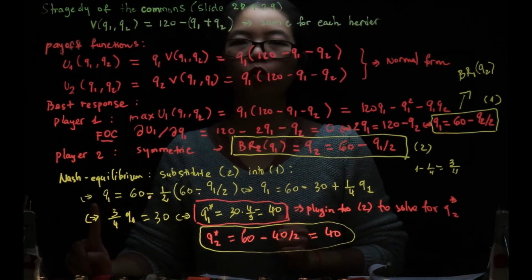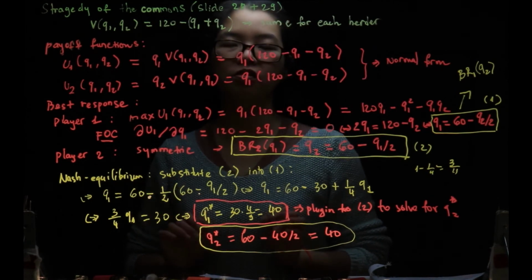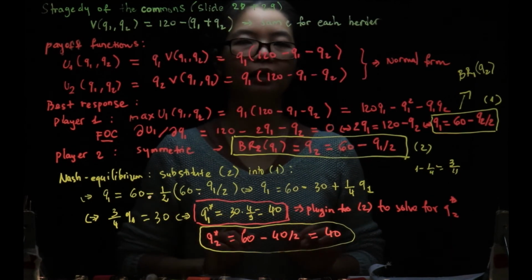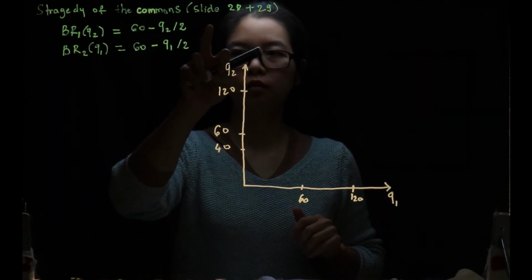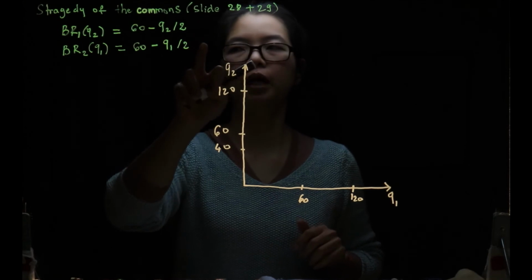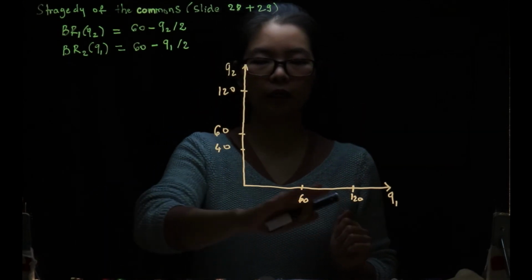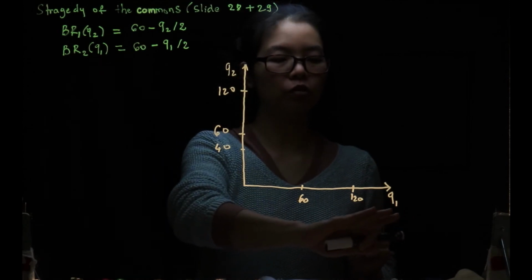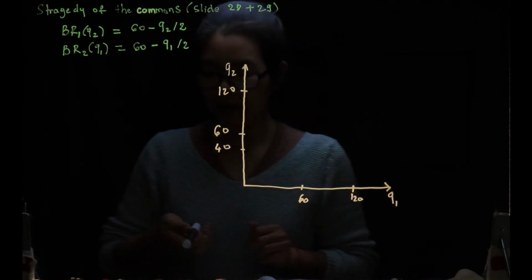Next, I will show you on the graph how the best response function looks like and where they cross. So we now draw the lines for these two best response functions on the same graph with two axes. The horizontal one is for q1 and the vertical is for q2.